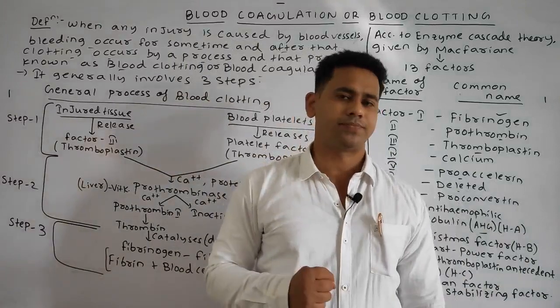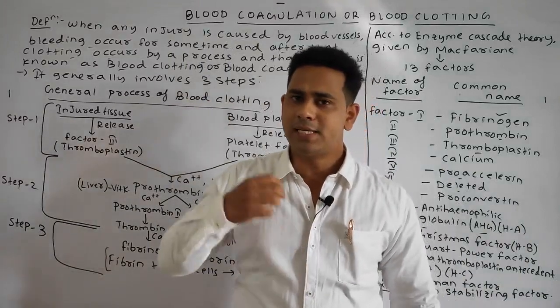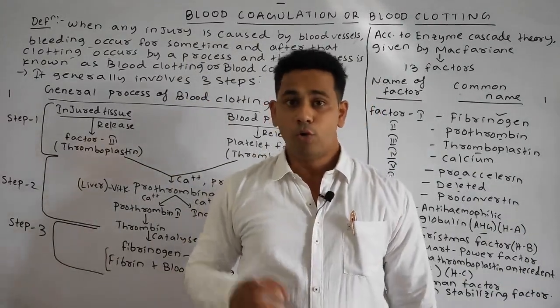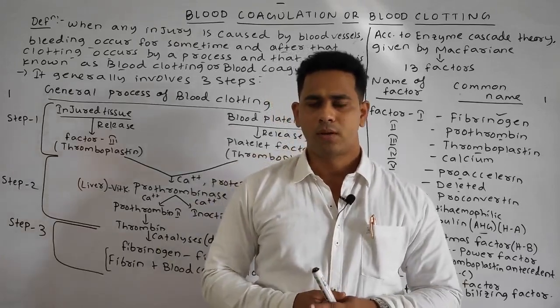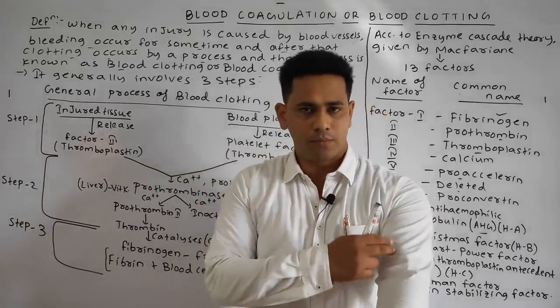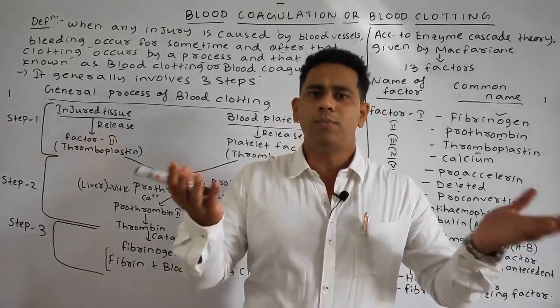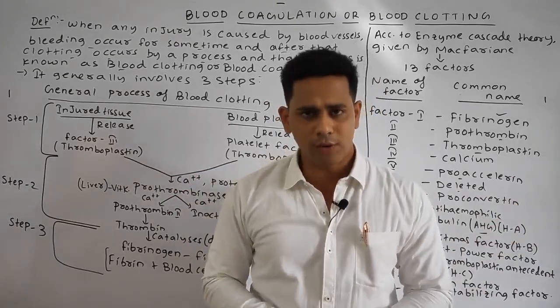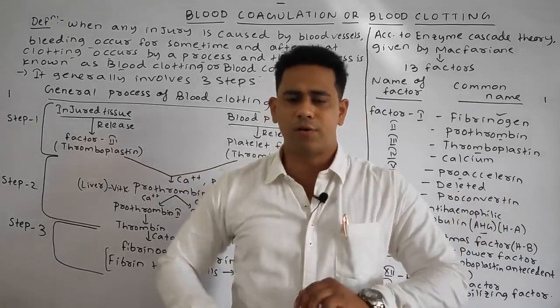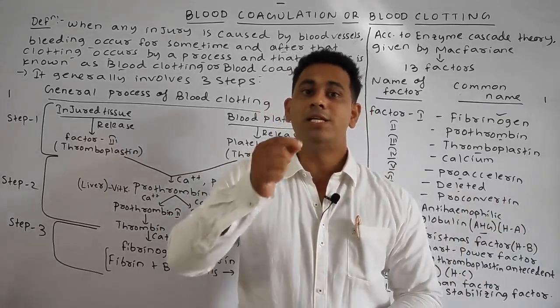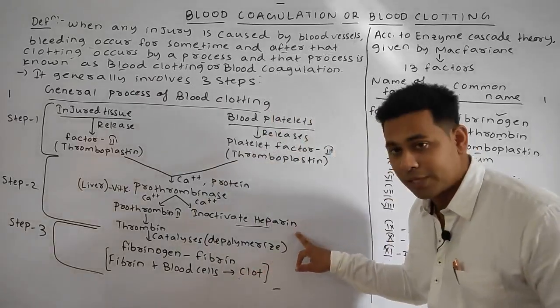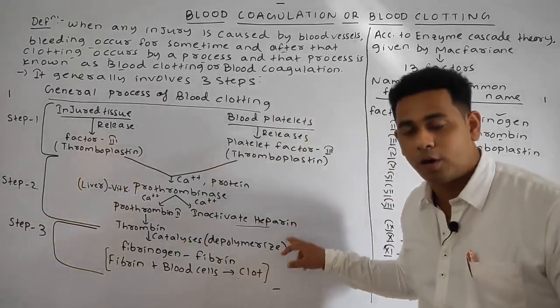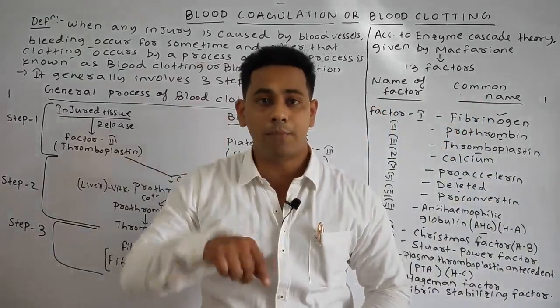Heparin is a substance present in the blood vessels which prevents blood clotting. Otherwise, why is the blood clot not formed inside our body, and why is it always formed when blood oozes out of our body? The reason is the presence of heparin, which prevents clotting of blood inside the blood vessels.